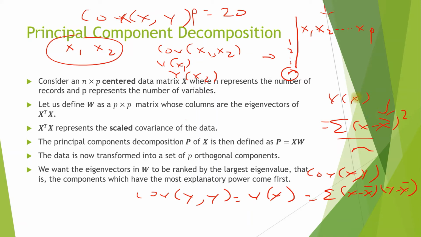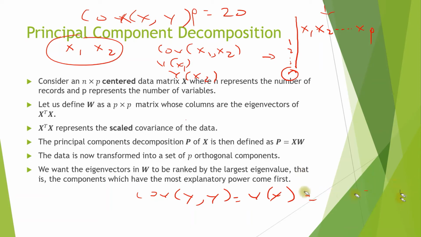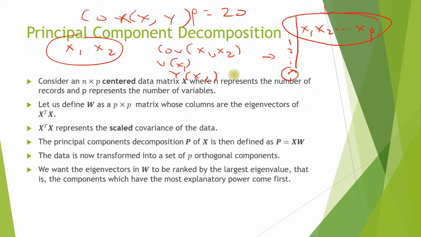So what we want to do, we are not going to work in the algebraic form like this, but we are going to work in matrix form, which means that if you want to find the variance covariance matrix for a set of data like this, what you need to do is to take the transpose of your data matrix X, as I did here, multiplied by the data matrix as it is.